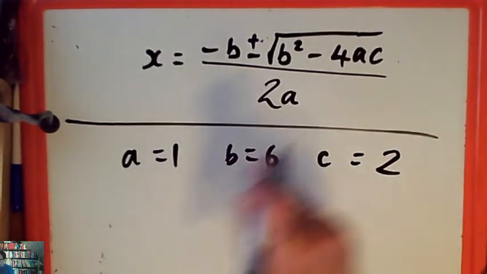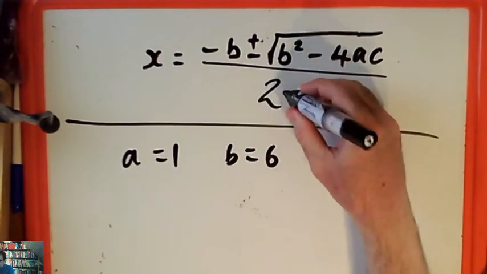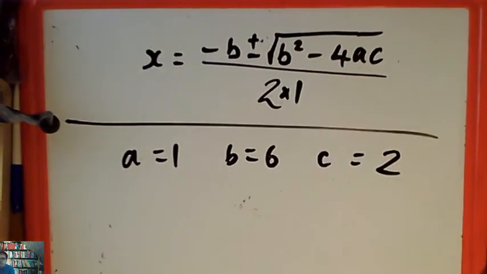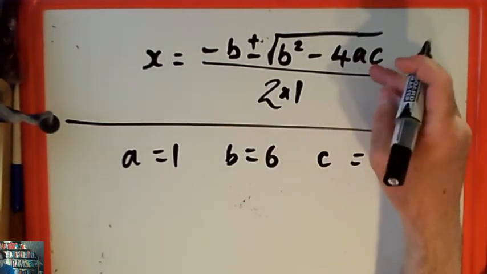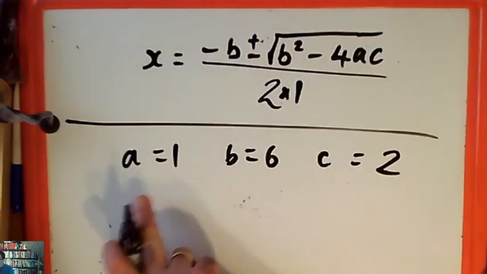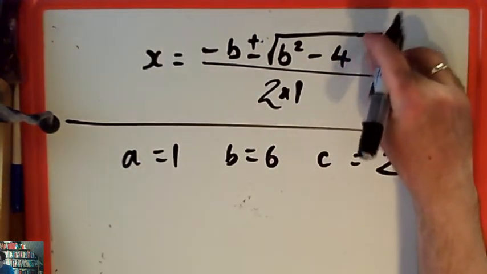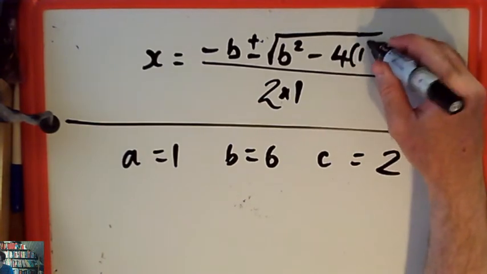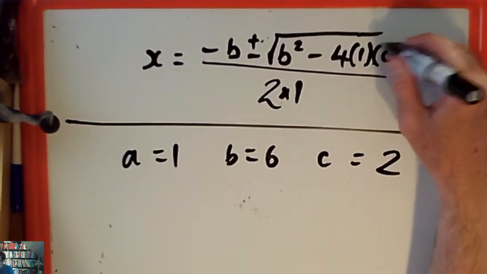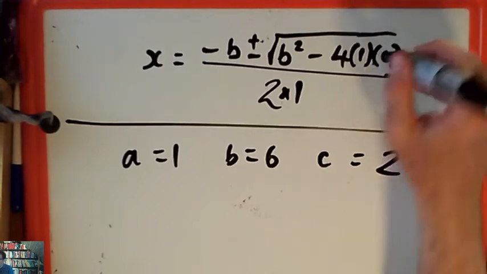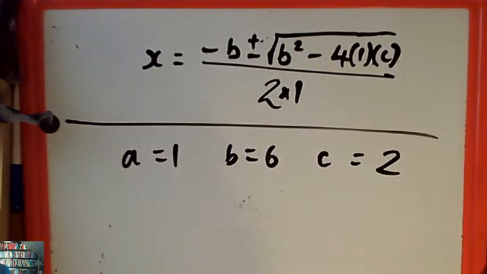So a is 1, so 2a becomes 2 times 1, and then 4ac, so that becomes 4 times 1 times c. So I like to use brackets, 4 times 1 times c, like that, rather than the multiplication sign, because that looks a bit like an x.